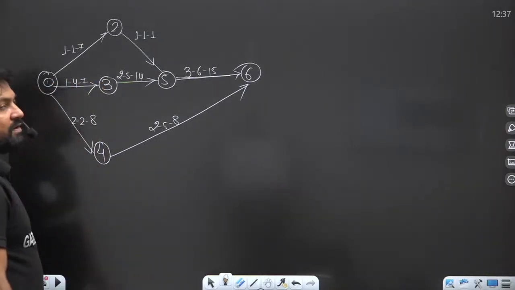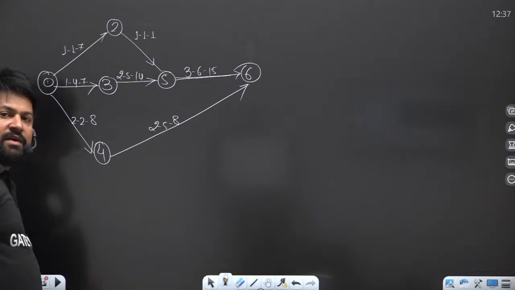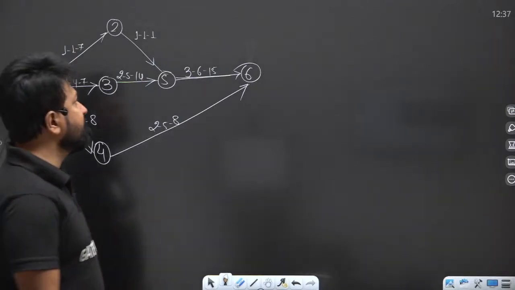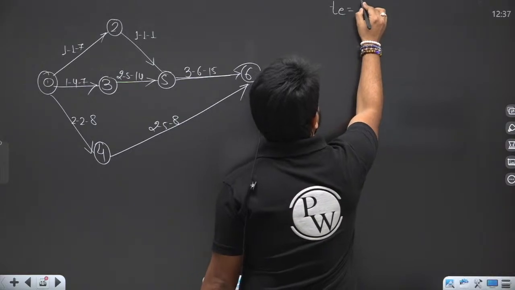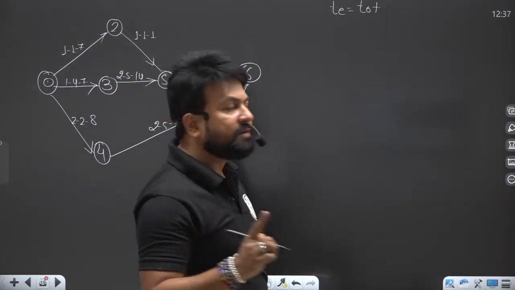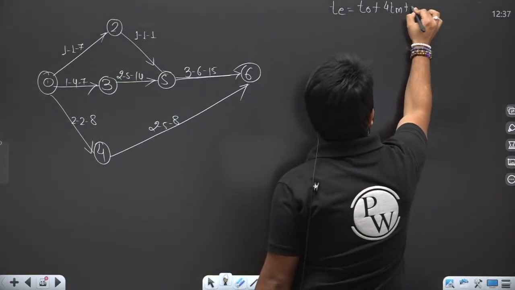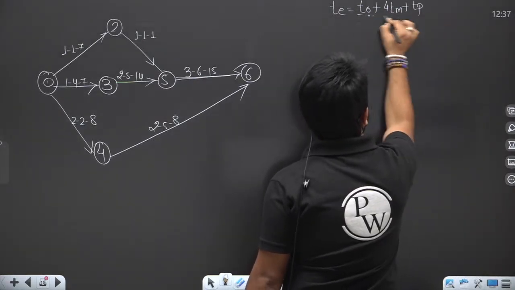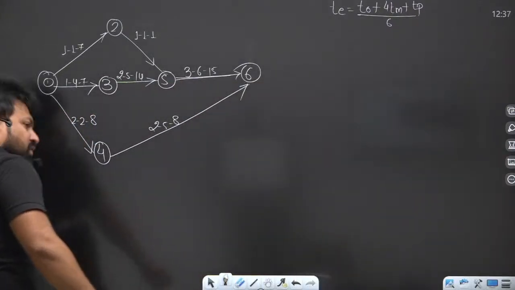Now, what will be the expected time of each activity? You have to calculate the expected time for each activity. We know that the expected time is T naught plus 4 Tm plus pessimistic time, divided by 6.